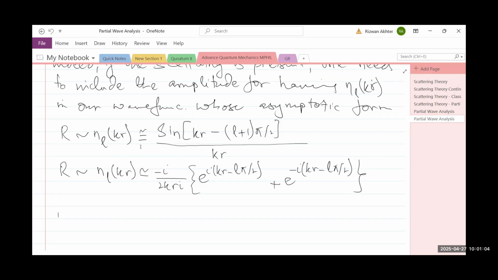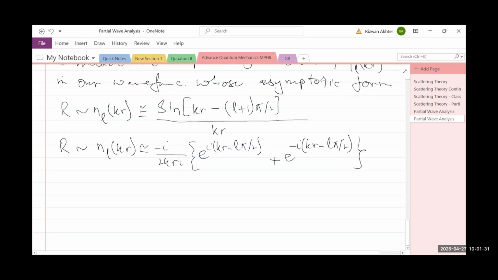So now, since we have the linear combination of these two functions at the asymptotic region, it can be obtained by substituting the values of J_L and N_L into the equation.